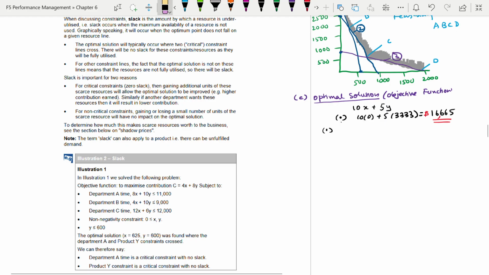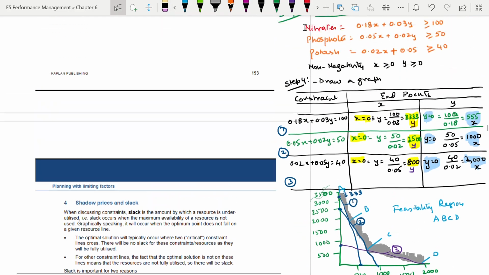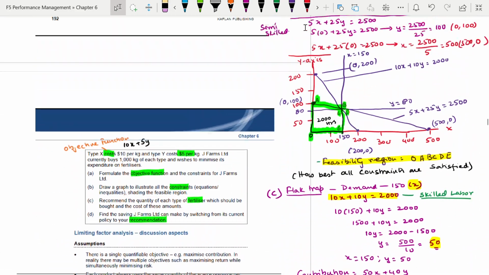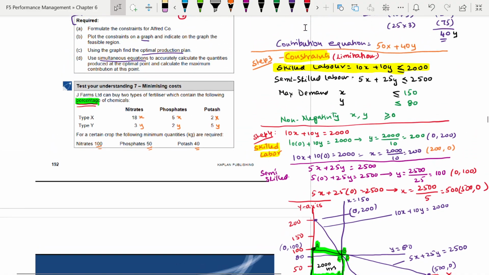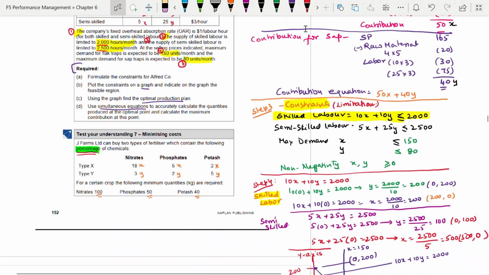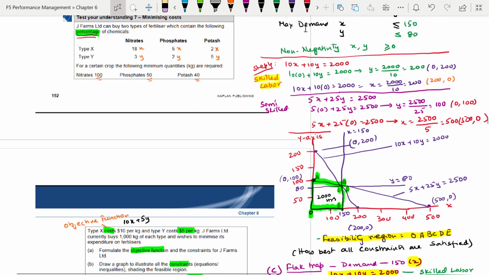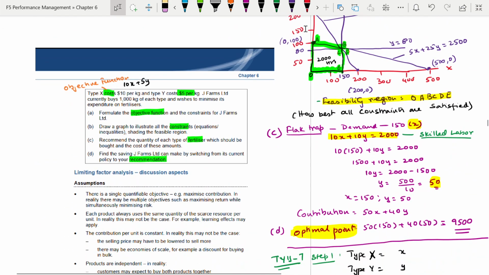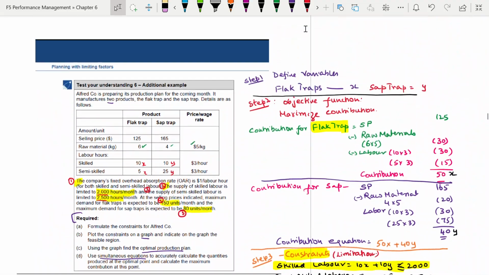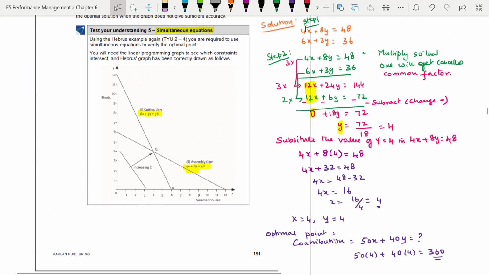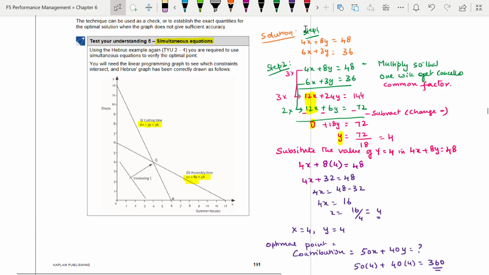This is called simultaneous equations. We did the same in the previous example: 4x plus 8y equal to 48, 6x plus 3y equal to 36.